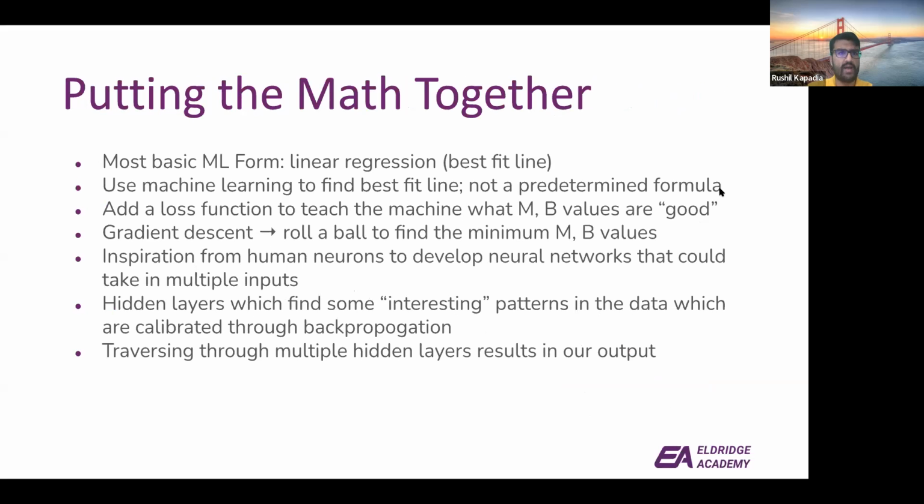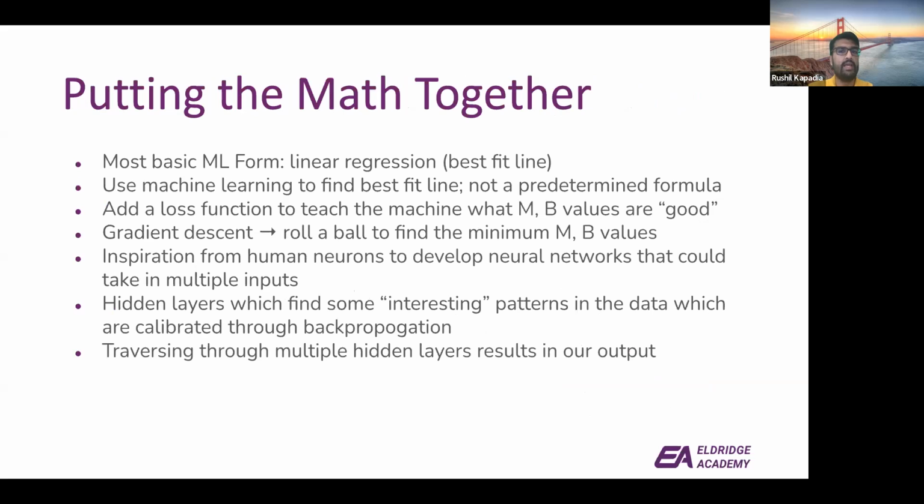So yeah, let's put all the math together, everything that we talked about. So we start with the most basic machine learning form, linear regression, right? Y equals mx plus b. And we decided we need a way to find what m and b are. So we want to use machine learning to find the best fit line. We don't want to use a predetermined formula, which we generally could get for simple examples, such as linear regression.